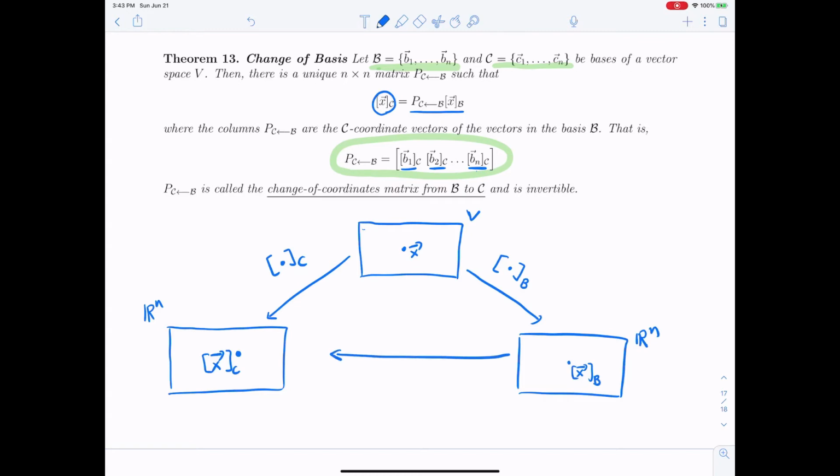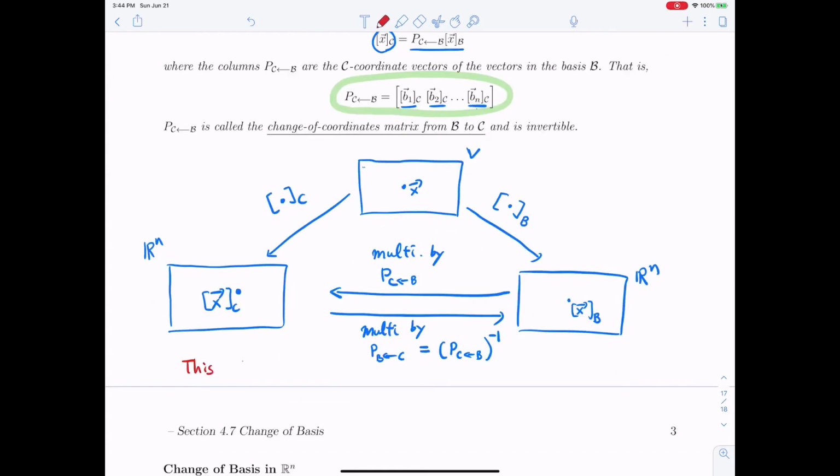If you multiply by P sub B to C, then you get the C coordinate vector for X. On the other hand, if you multiply by the change of coordinate matrix from C to B, then you will get the B coordinate vector for X. And this is precisely the same as the inverse matrix for the coordinate transformation from B to C. And this is a generalization of the P sub B stuff in section 4.4.